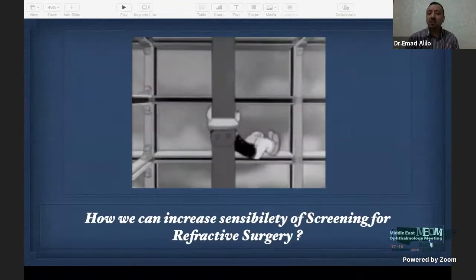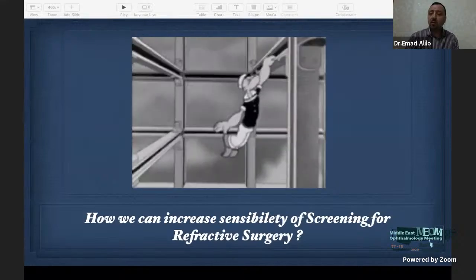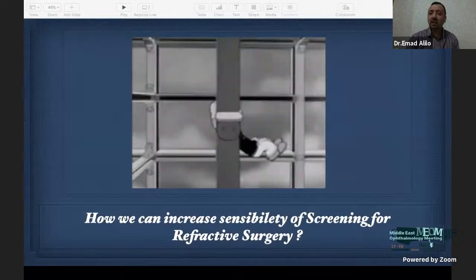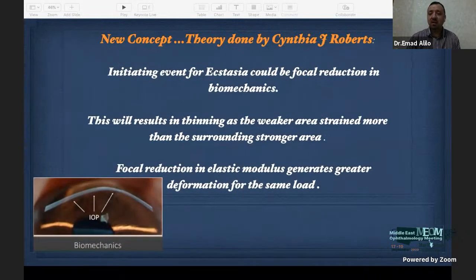It took a long way to develop such a tool, which is now ready in our hands to guide us how to make the decision in this case. It started with the new concept introduced by Cynthia Roberts. She published a paper that the cornea is not a piece of paper or plastic. That theory assumed that initiating an event of ectasia could be a focal reduction in the elastic biomechanics of the cornea.